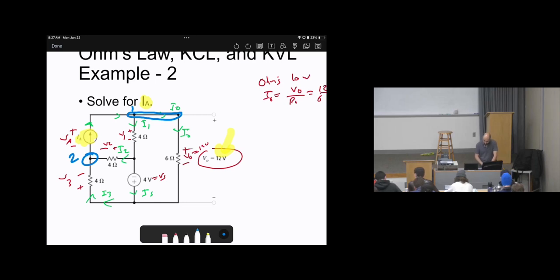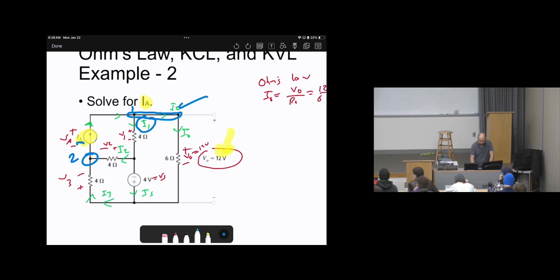By looking at node 2, IA is unknown, I2 is unknown, I3 is unknown. 3 unknowns, so this is not a good idea for KCL at node 2. How about node 1? At node 1, IA is unknown, IO is known, I1 is unknown as well. So we have 2 unknowns, which is better than node 2 with 3 unknowns. So let's aim at doing KCL at node 1.